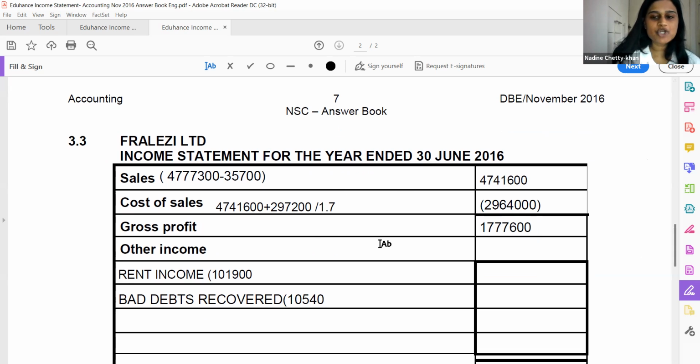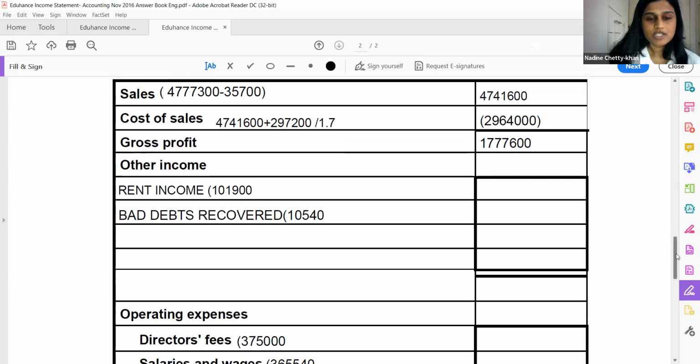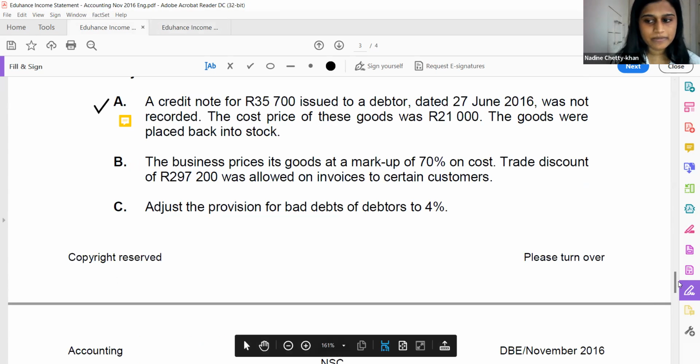Now, the reason I've totaled is because based on the information in the scenario, they had us calculate the total sales amount to get to cost of sales, and then we can get gross profit. So that was a combination of then step 2. Now, because sales and cost of sales are done with, I'm going to step 3, which is I do the final totaling in the final column. Okay. Now let's move on to the next one.